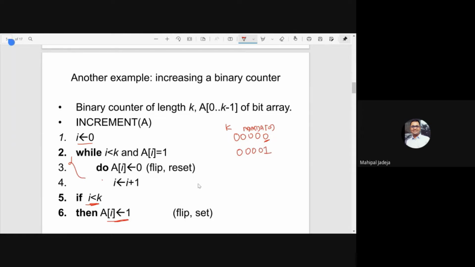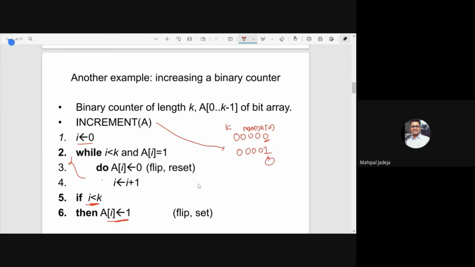Okay, now let's go to one more iteration. Now again I am starting with i equal to 0, because now again I will be calling increment A. So this is my value of A, and I'm calling increment A. So i is 0, so I am at this particular bit, and 0 is less than k, and A of i is 1. Both the conditions are true. Last bit is 1, so what I'm going to do is flip it, and I will increment the value of i by 1.